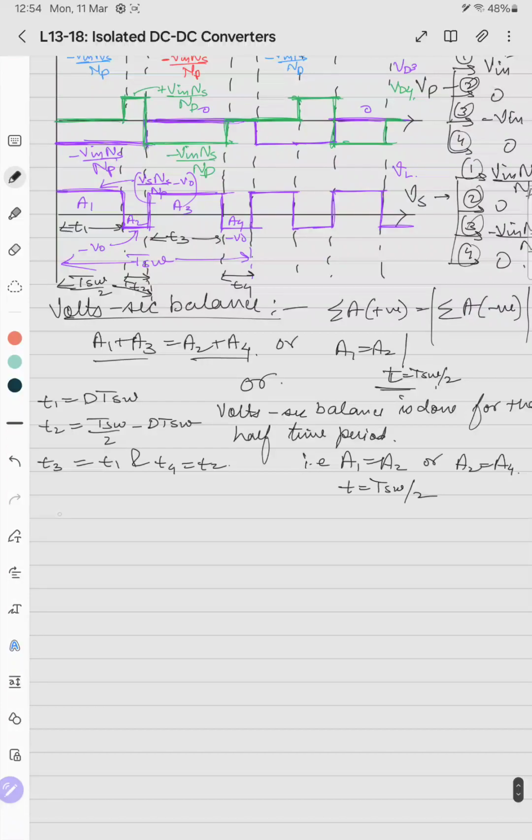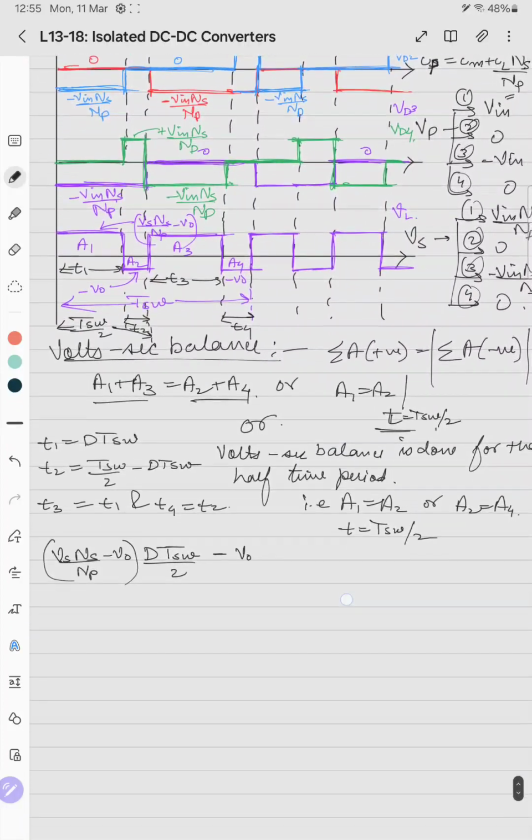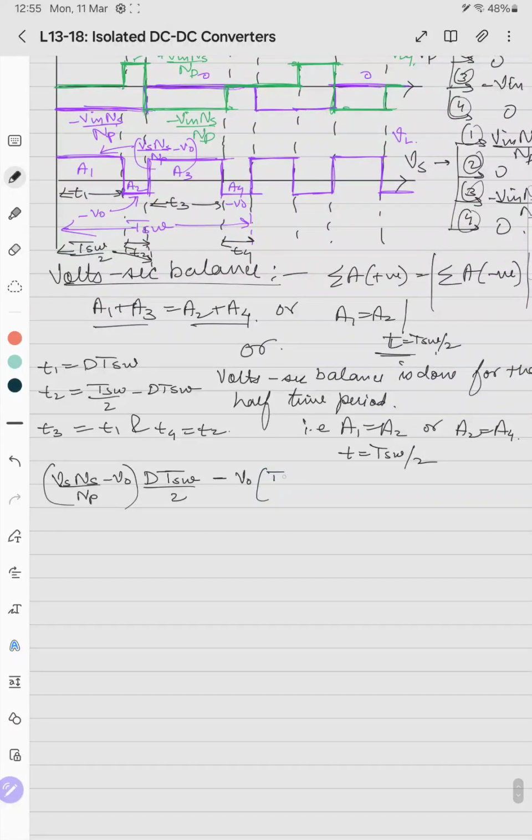So A1, if we equate, A1 is Vs into Ns by Np minus V0 into T1, that is D into T switching, capital D actually, D into T switching by 2. A1 into T1 plus here it is minus V0 into T2, which is T switching by 2 minus D into T switching. This we did.